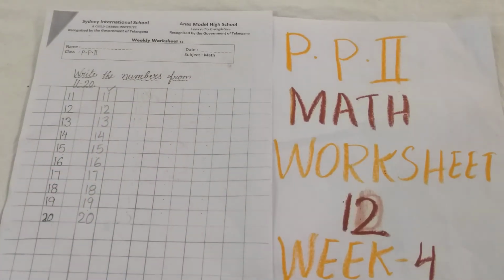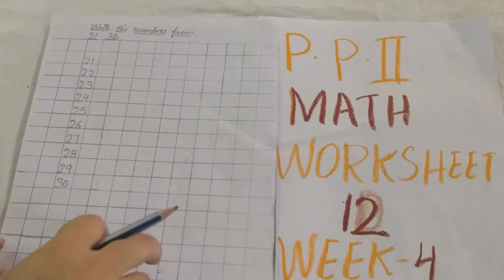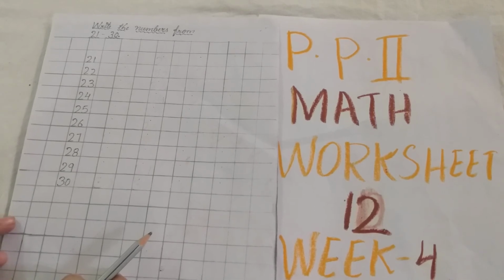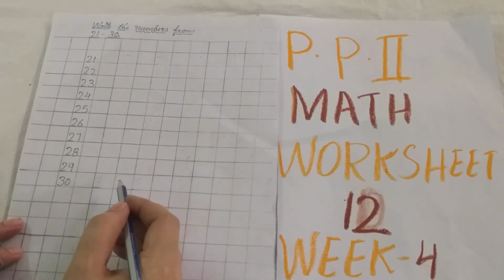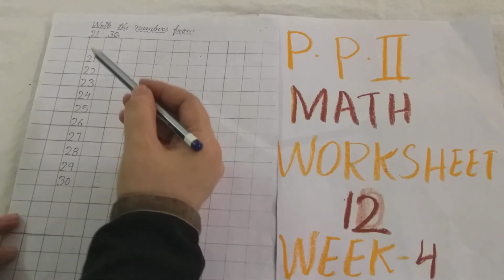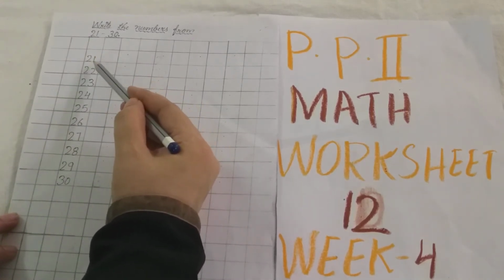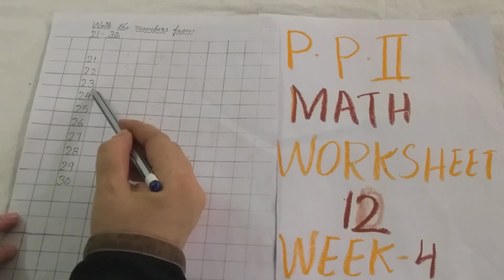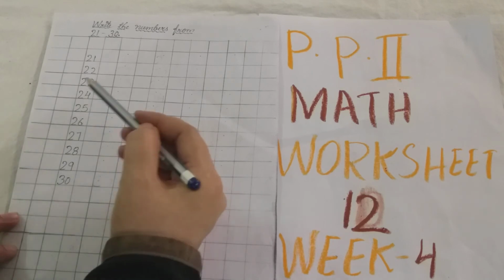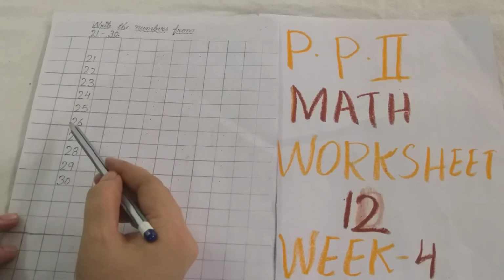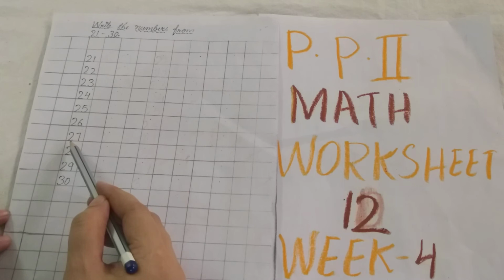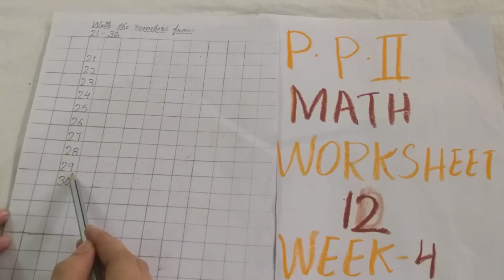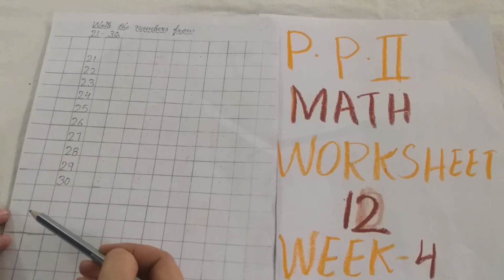Now turn the page. Now on the back side, what do you have to write? Write the numbers from 21 till 30. Okay. So start writing. First I will read the numbers. Repeat after me. 2, 1, 21. 2, 2, 22. 2, 3, 23. 2, 4, 24. 2, 5, 25. 2, 6, 26. 2, 7, 27. 2, 8, 28. 2, 9, 29. 3, 0, 30.